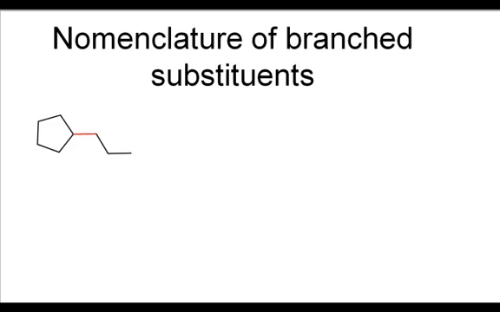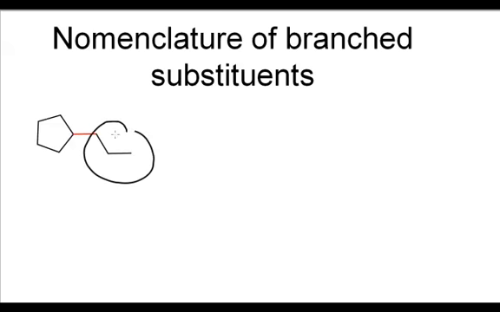Now what you see with this example here is that we have 5 carbons in a ring. That would make this part of the molecule cyclopentane, and we have a 3-carbon attachment, or a 3-carbon substituent. You can also see that this 3-carbon attachment, 1, 2, 3, there's my 3 carbons, is not branched.